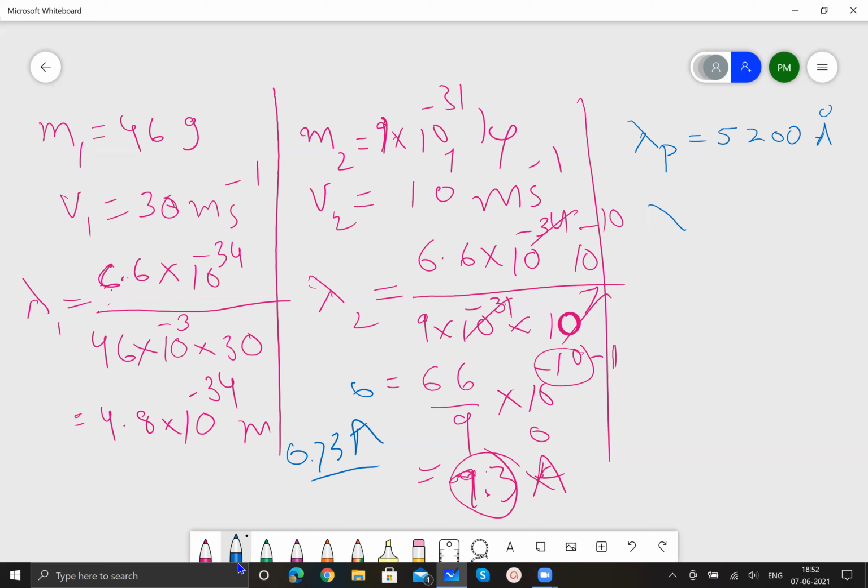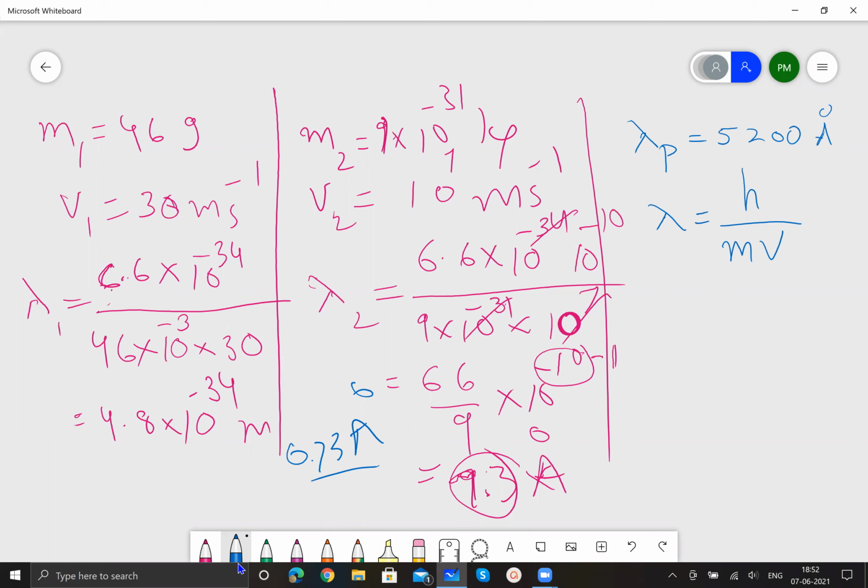Wavelength of electron. Momentum p1 is equal to p2, sir. Lambda 1 by lambda 2 is equal to. Why do you need all those things?